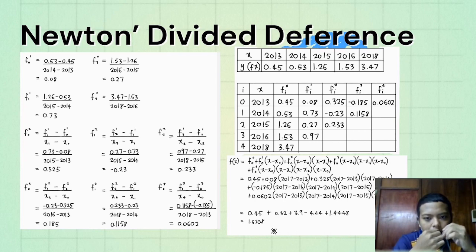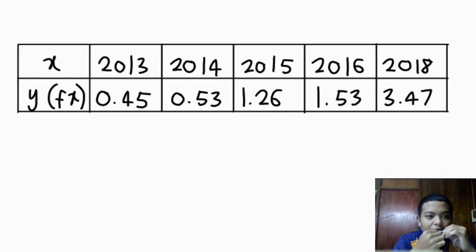Firstly, the data represents the relationship between two variables x and y over the years 2013, 14, 15, 16 and 18. The value of y, determined as f(x), shows an increasing trend over time. In 2013, y is 0.45 and it steadily rises to 3.47 in 2018.